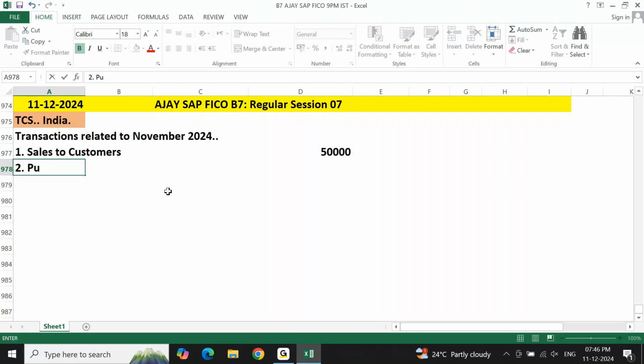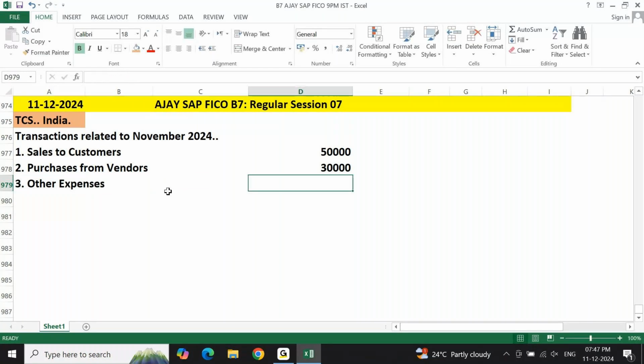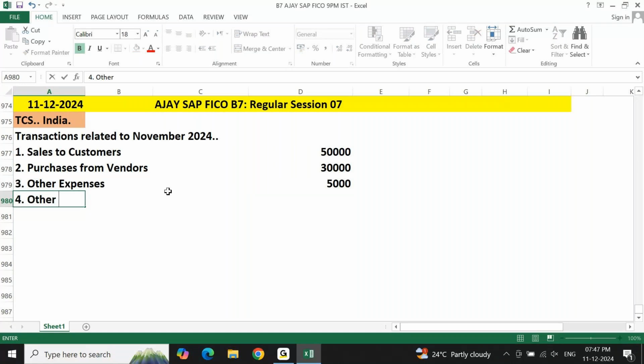Second one, purchases from vendors. Let's say 30,000. Third one, other expenses 5,000. Fourth one, other income 12,000.